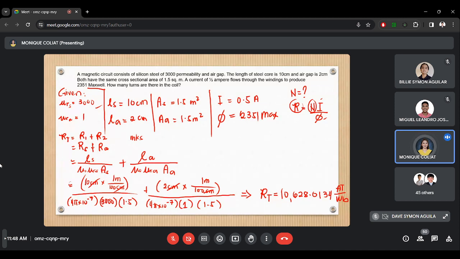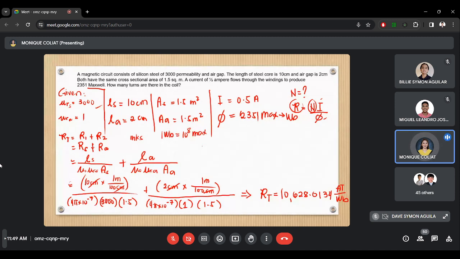Now we can use this formula because we already have the total reluctance. But we need to convert this flux into what unit, because we're using MKS? Into Weber. We have the conversion that 1 Weber is equivalent to 10 raised to 8 Maxwell.